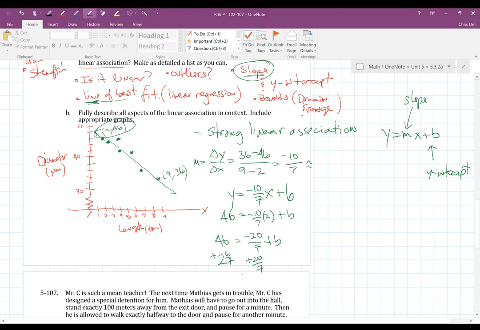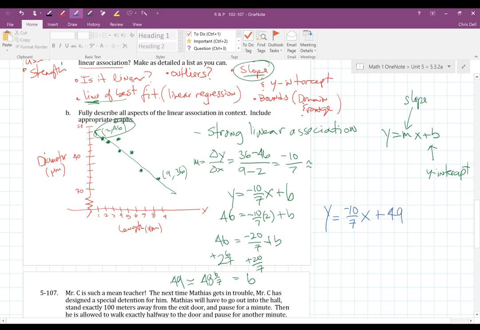Adding, my b is 48 and 6/7, so almost 49. Since we're talking about a line of best fit and that's really close to 49, I'll call it 49 for a nice clean equation. So my equation is y equals negative 10/7 x plus 49.